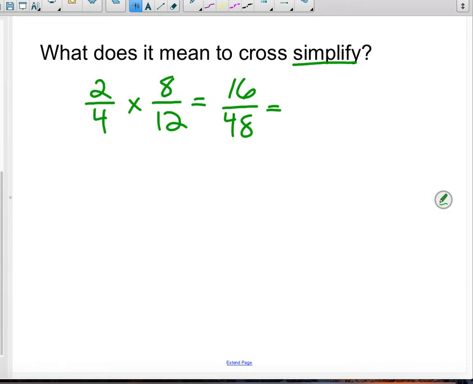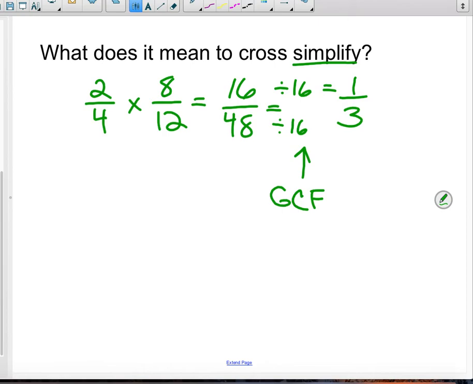That means you would have to find the GCF for 16 and 48. In this case, the GCF is actually 16. So 16 divided by 16 is 1, and 48 divided by 16 is 3.